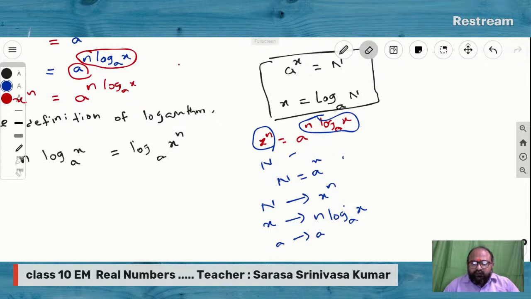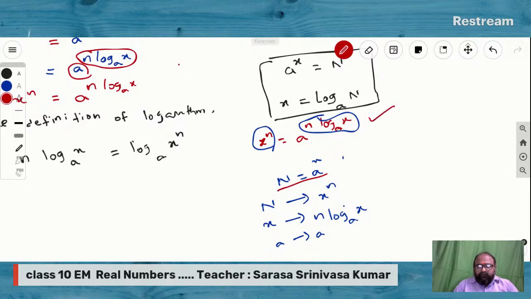Here we can compare this with n equal to a power x. In place of n you have x power n, in place of x you have n log x base a. So in place of a you have a. So this can be written as x equal to log n base a.